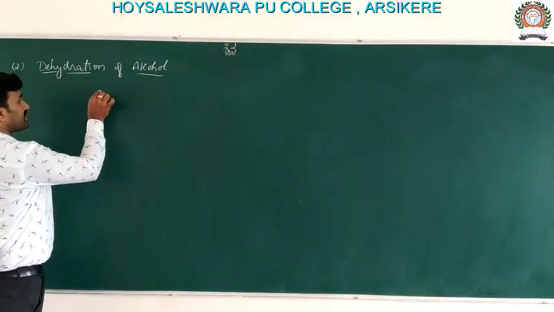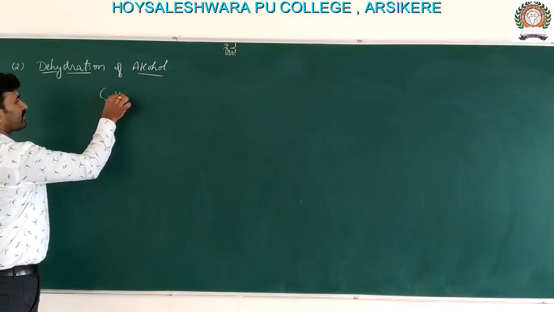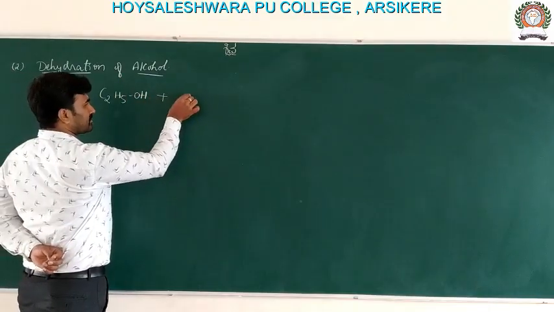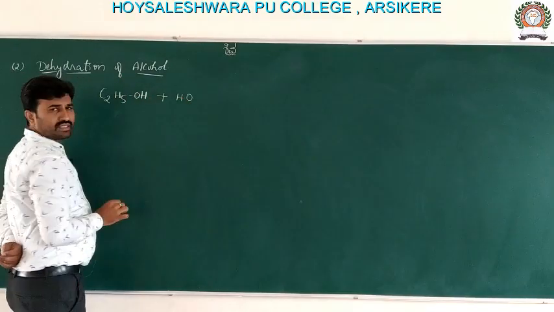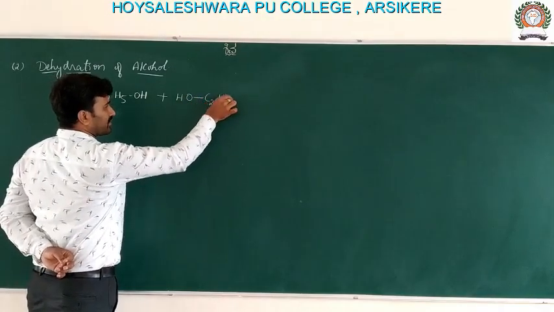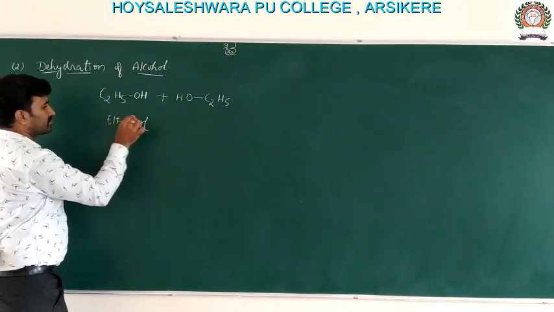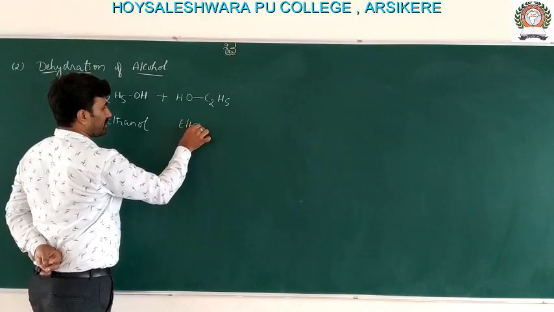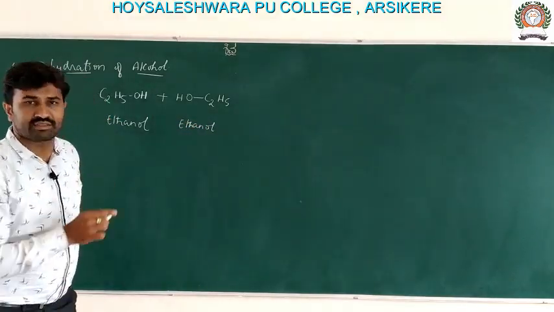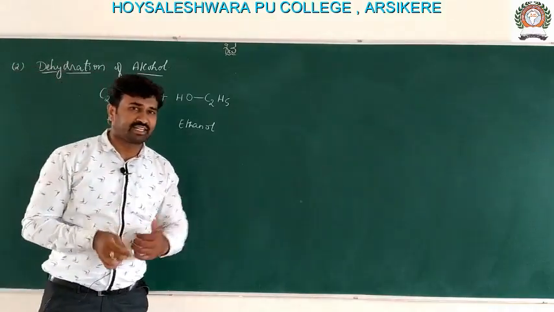Here we take the example of ethyl alcohol, C2H5OH, plus, for simplicity, I am writing in inverted fashion C2H5OH, also ethanol. We discussed this reaction in the chemical properties of alcohols, the reaction of ethyl alcohol with concentrated sulfuric acid at different conditions.